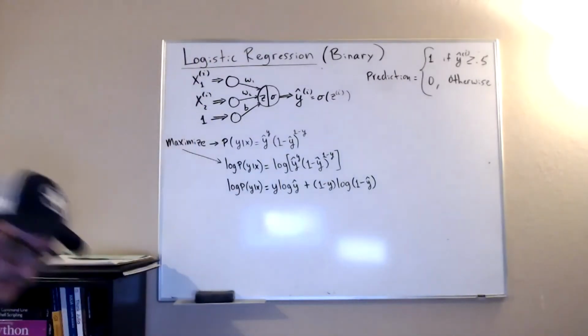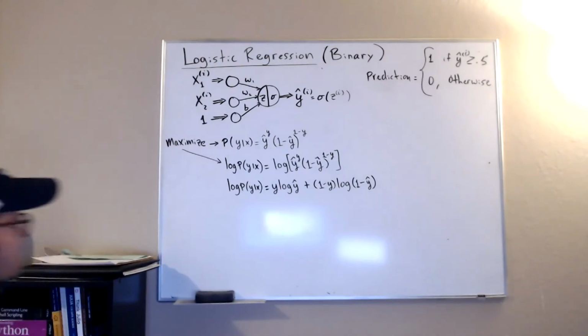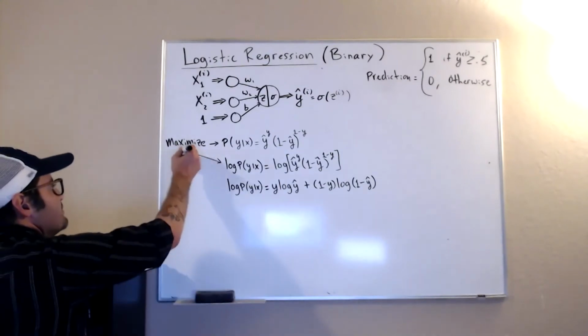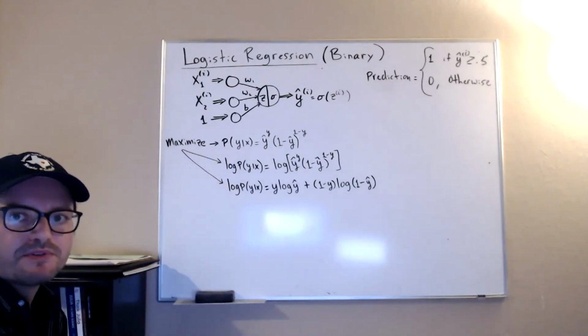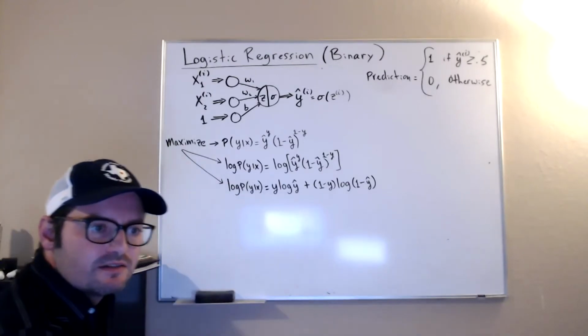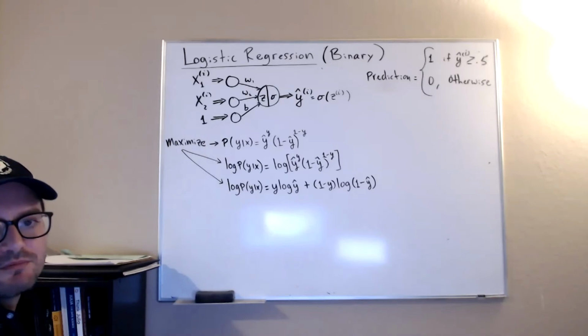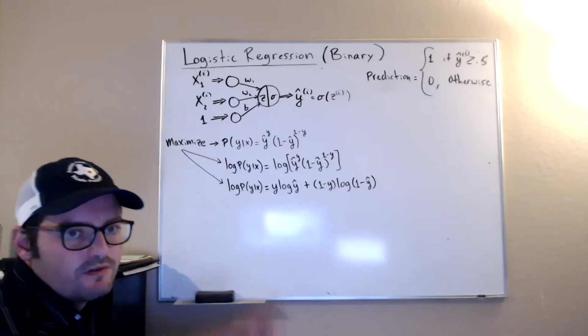But what we want is a minimization problem, right? We want to maximize this, but for our gradient descent algorithm, we want a minimization problem. So we can just multiply both sides by -1. Maximizing this is equivalent to minimizing the negative of it.